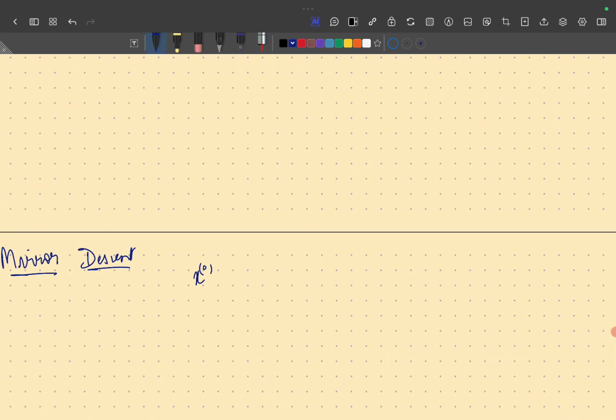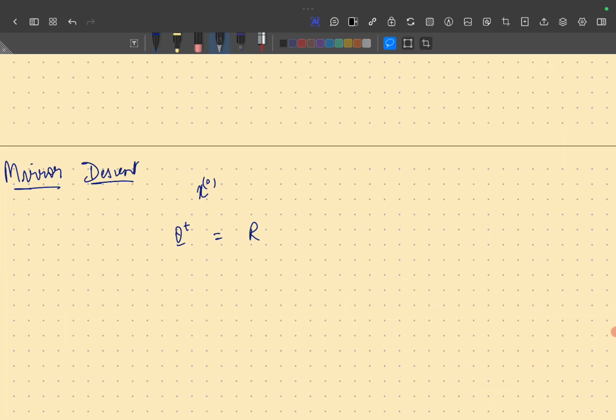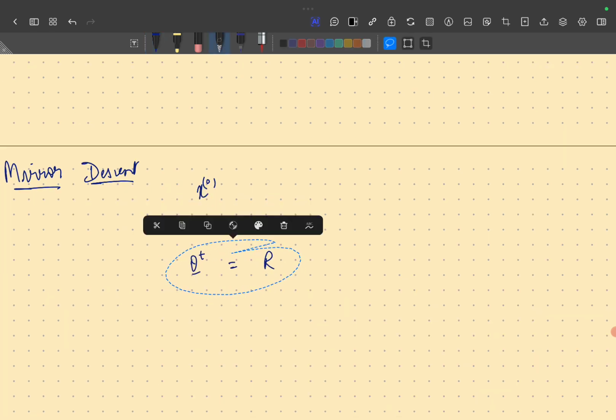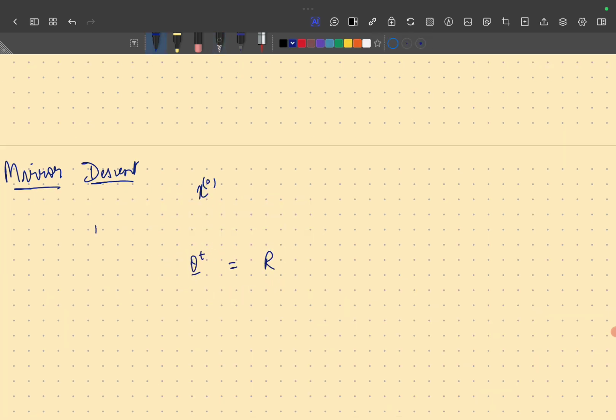I'll first compute this quantity theta t, which is equal to the gradient R of xt.